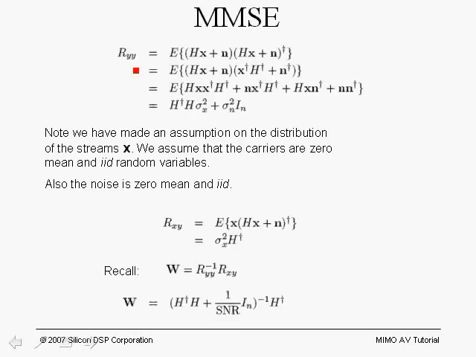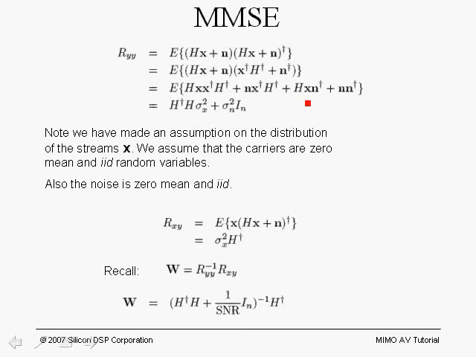So let's compute what RYY is. Substituting for Y, we get that Y is equal to HX plus N times the Hermitian of HX plus N, and if we take the Hermitian and multiply through, and then we move in the expected value, and note that the noise is additive white Gaussian noise, and the noise in each receive chain is independent of the noise in the other receive chains, and the noise is zero mean, then when we take the expected value, obviously this term drops out.